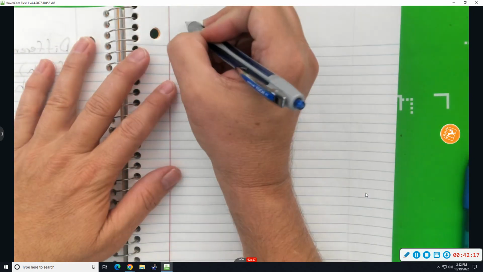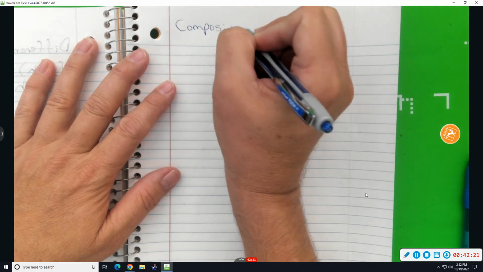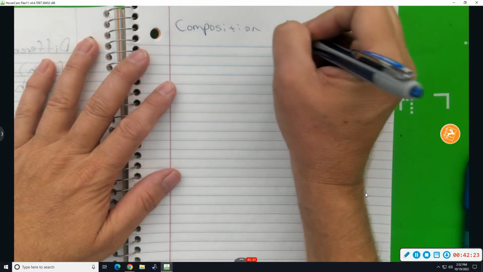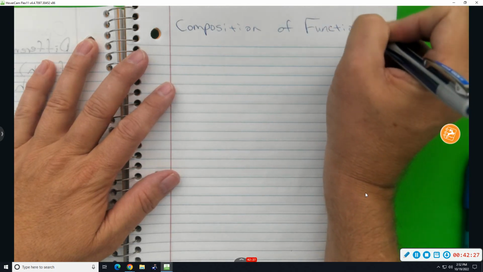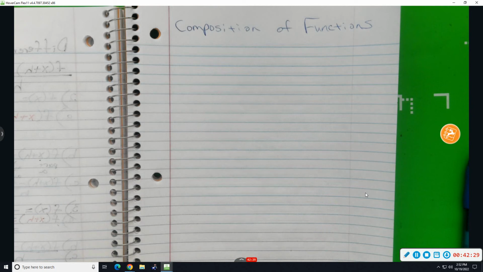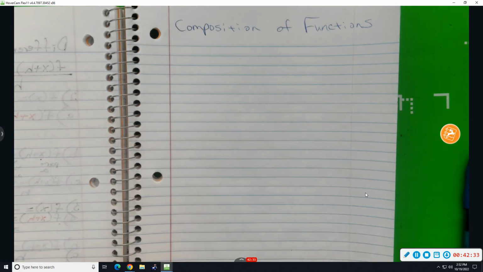I keep saying, oh, this wasn't a long section, but composition of functions. Oh, I think this pen is going dry. Oh, shoot. Well, I'll throw it away. Here's one.